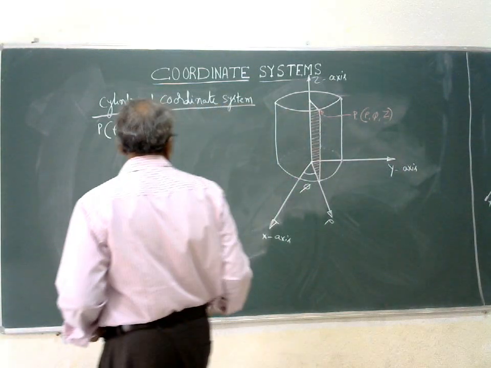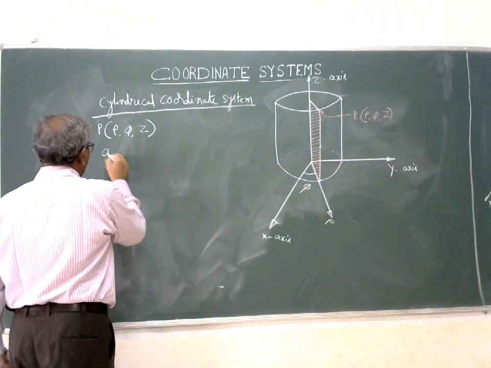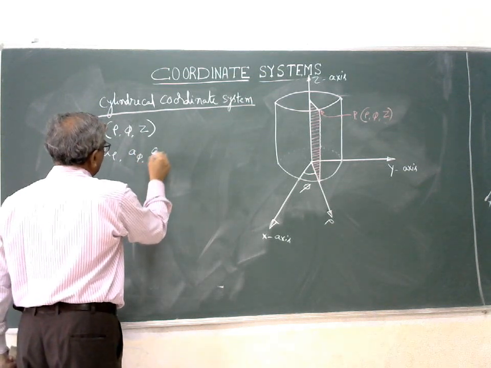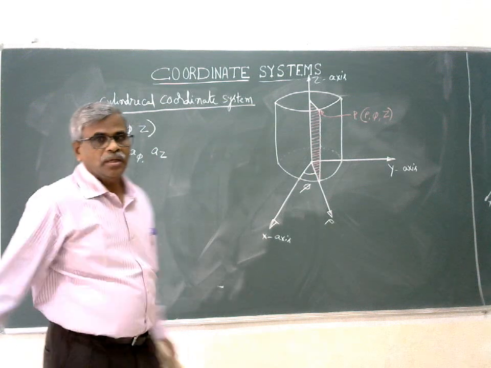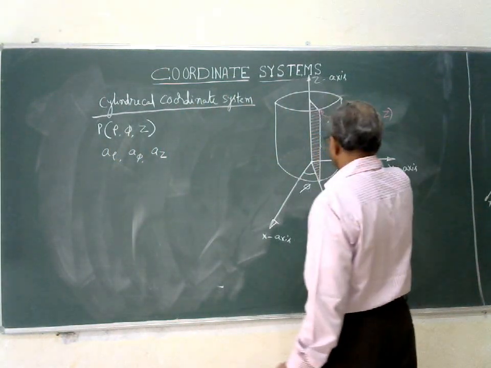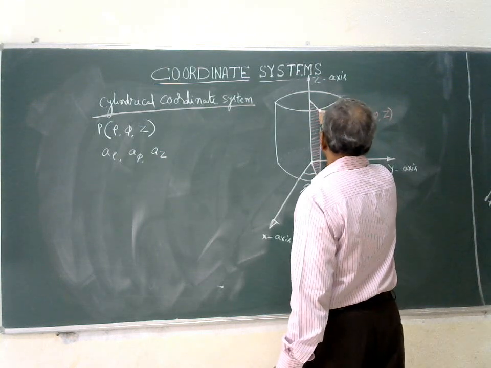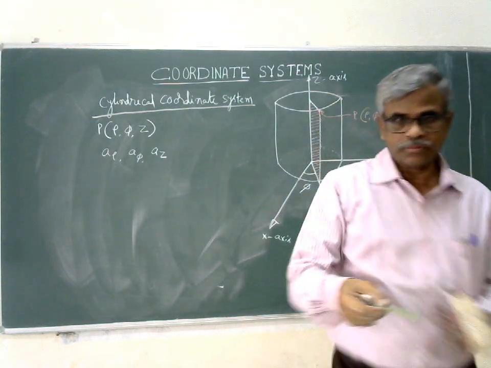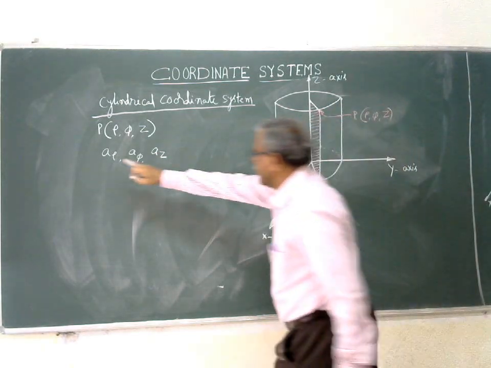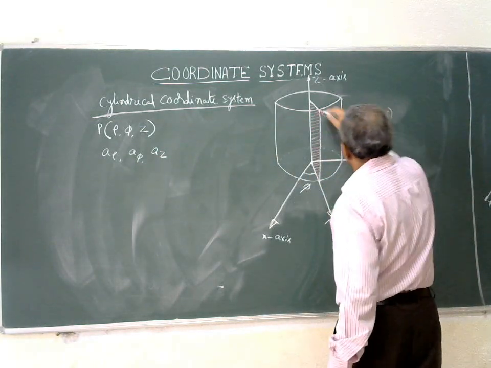And the unit vectors are A rho, A phi, A z. The arrow is along the direction of rho.